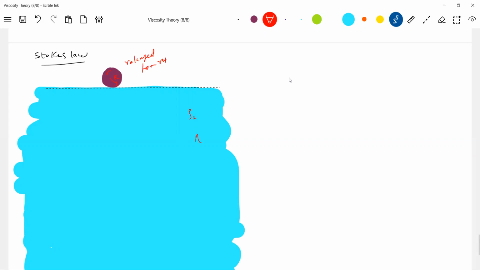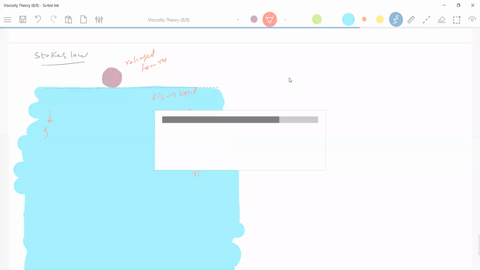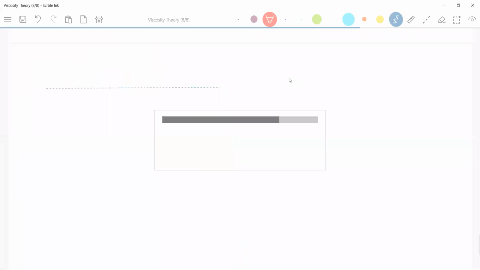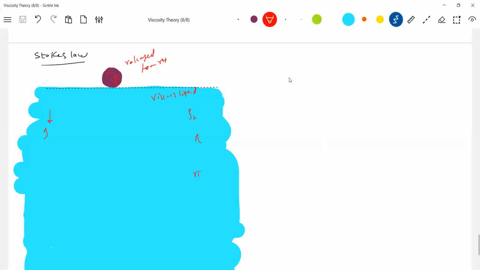Now, what are the forces that are acting? First, the weight will act. Gravity also you have to take. This is a viscous liquid, like castor oil and different things. Fine. Okay, now, what actually happens? The first weight will act, so it will get into the liquid.